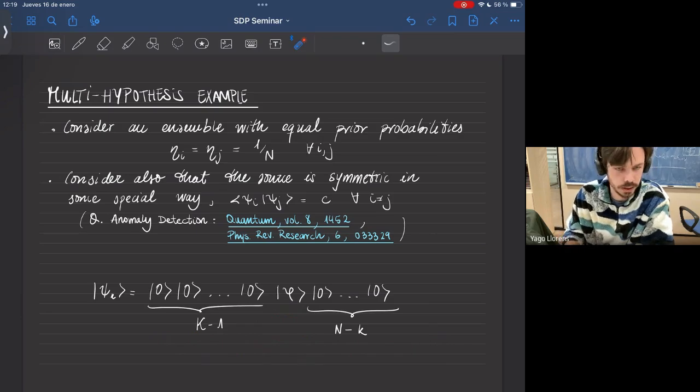It's symmetric in this special case. And this is something that is anomaly detection. You have allegedly a source that prepares states in a given state, let's say 0, but some of the machines that you have are twisted and produce by chance another state that you don't want, and you want to identify which one of the machines is broken or twisted in order to fix it.